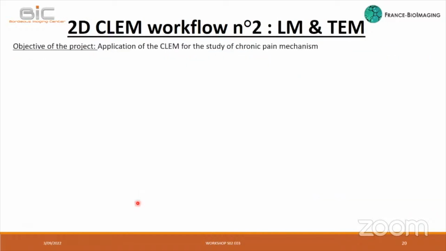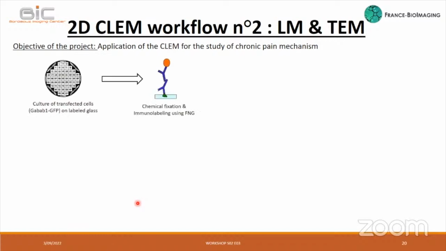The second workflow is a combination between light microscopy and TEM with a process at room temperature. This application was used for a study of chronic pain mechanism. At the beginning, we have a culture of transfected cells, GABA-B1 GFP, performed on a glass coverslip.